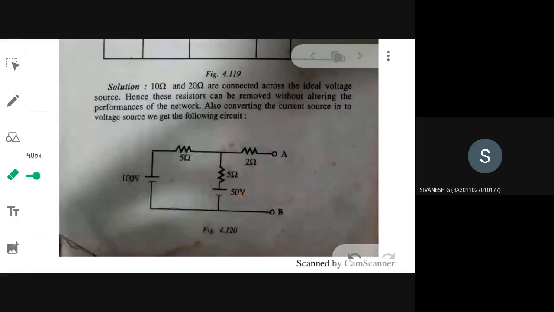Let us see what they have done. Same way they are also trying to solve. I am assuming two currents here, I1 and I2. If I am able to find I2, then it will be equivalent to I_SC. So what will be the mesh equation? V equals IR, the matrix I need to write.